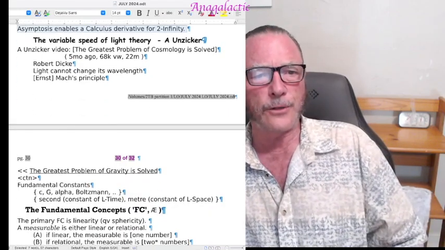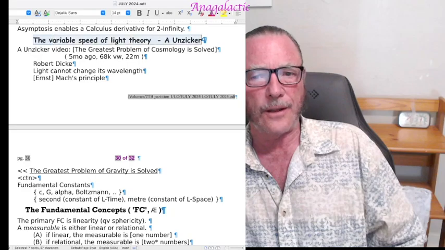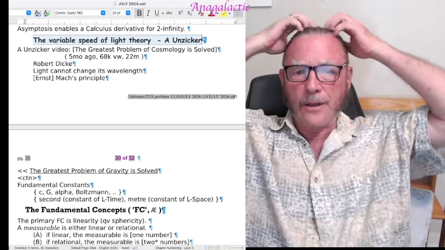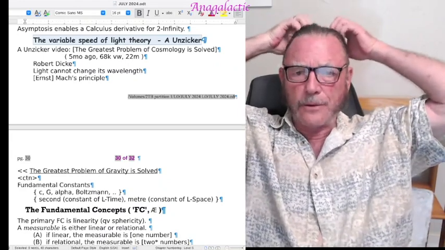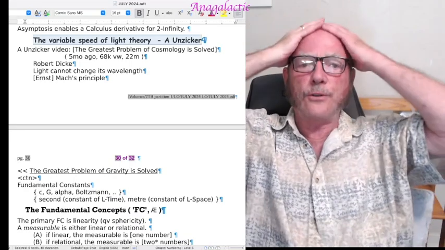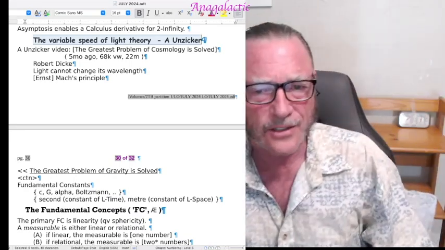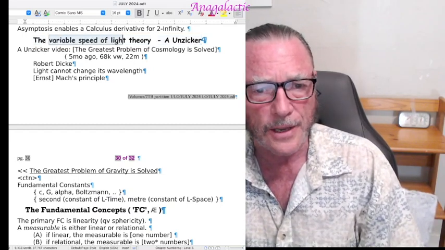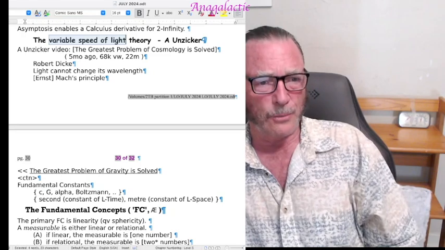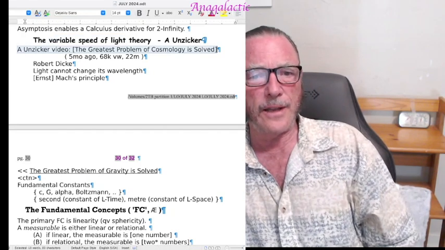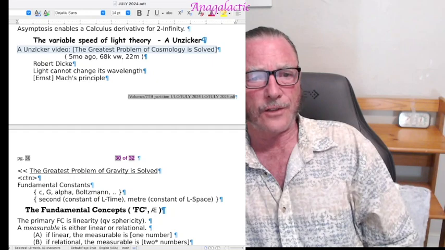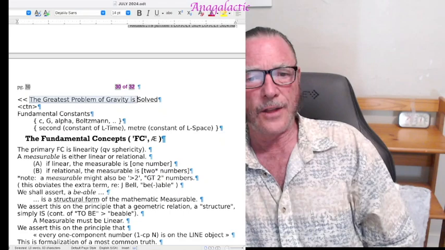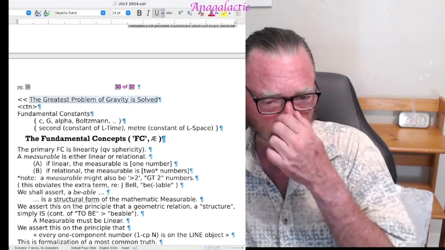So now the variable speed of light theory is something that Alexander Unzicker is bringing forward. You don't have to accept the variable speed of light theory. What you do need to know is why Alexander Unzicker has targeted variable light speed as being a possible solution. He believes that solves the greatest problem in cosmology, and down here further you see he also believes that it solves the problem of gravity.